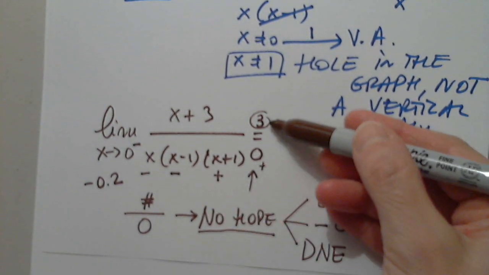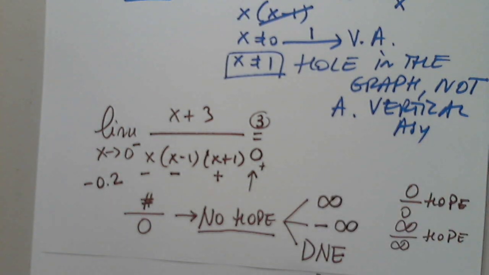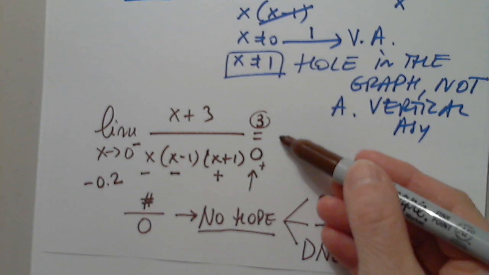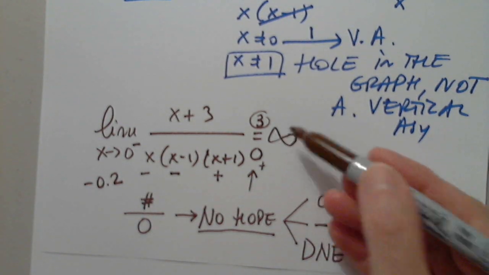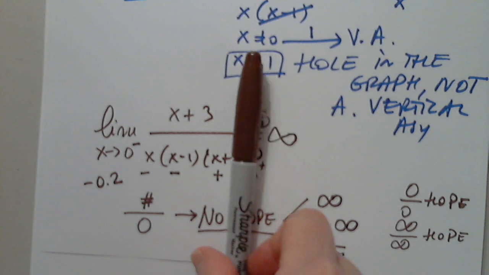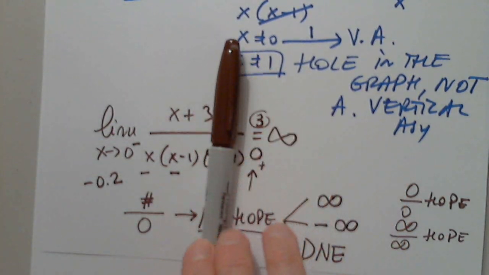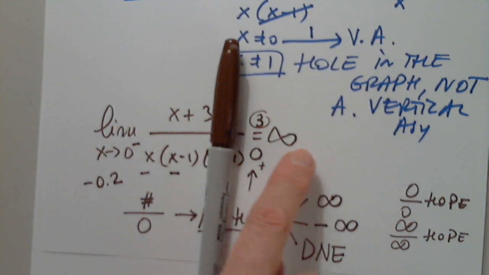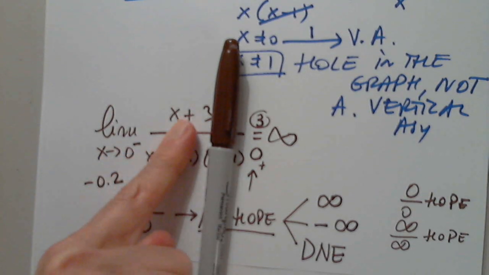So then this over this, which one do I pick? Infinity. Yes. Because it's positive over positive. Excellent. What does this mean? It means that if this is x equals 0 as the vertical asymptote, from the left-hand side, the function goes to infinity.